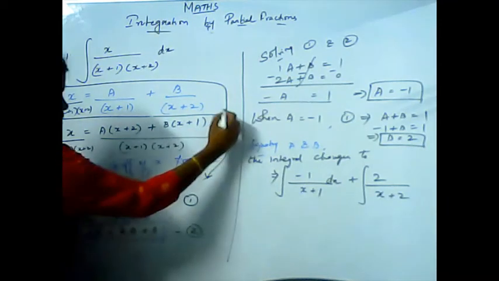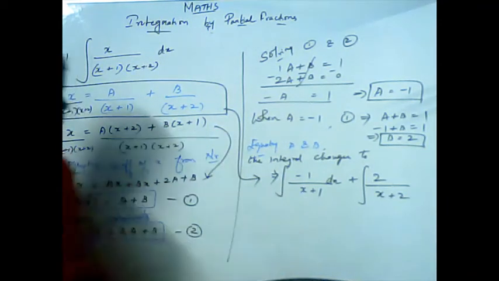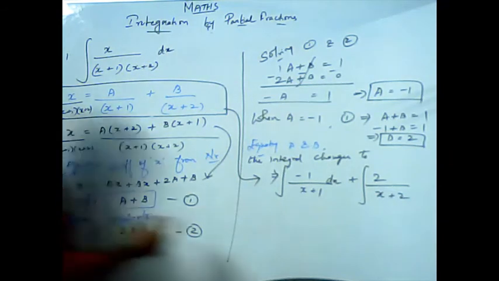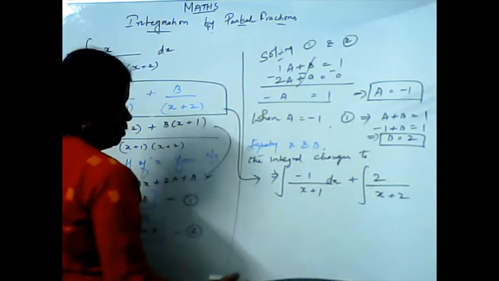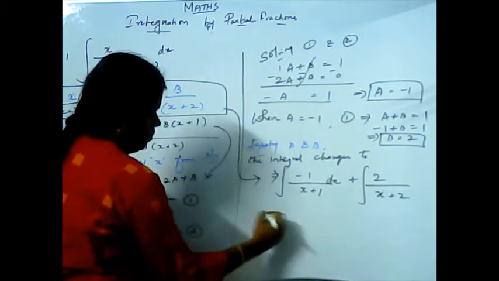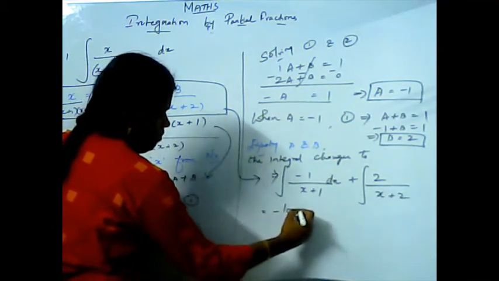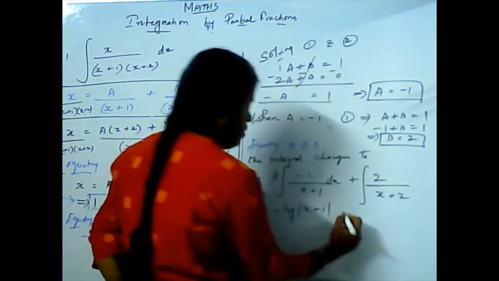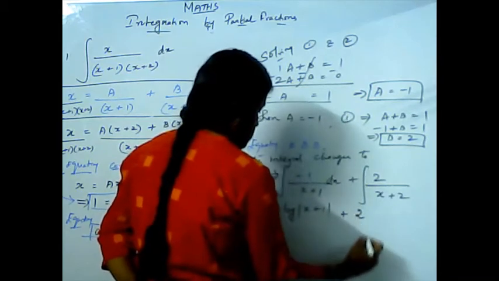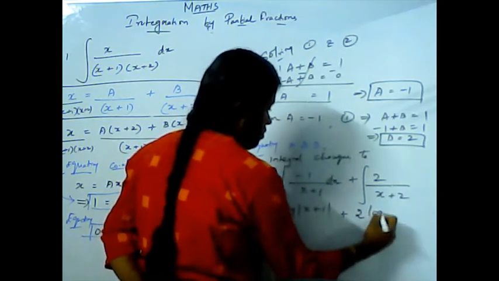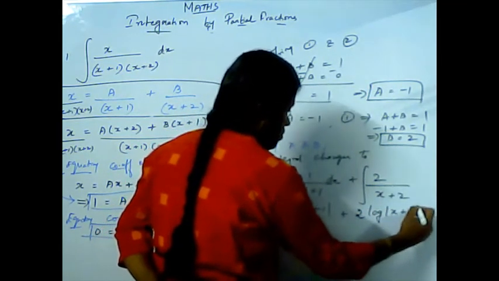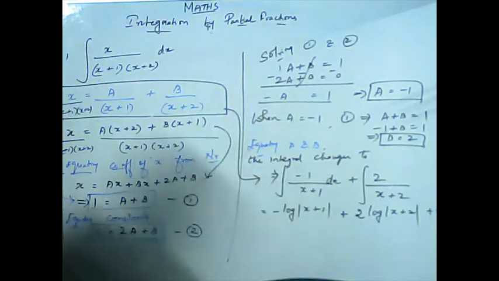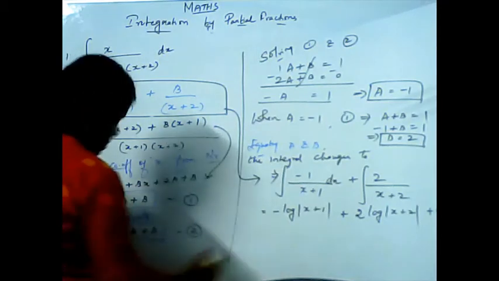So when you integrate, what is the integral of minus 1 by (x plus 1) dx? It is minus log mod of (x plus 1) plus 2 into log of (x plus 2) plus c. So your answer is this.